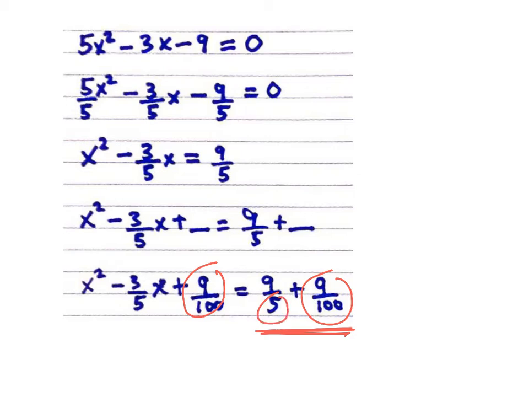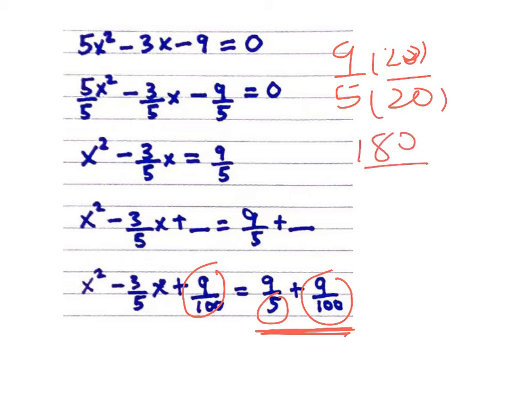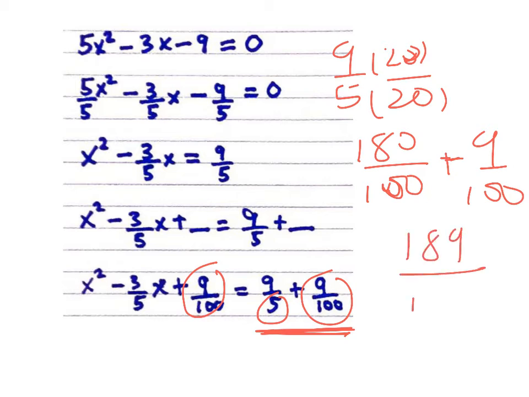So you're going to multiply 9/5 by 20, and you get 100 at the bottom also by 20. So that will be 180 over 100. That is your 9/5, plus 9 over 100. Add the numerators together, 189 out of 100.